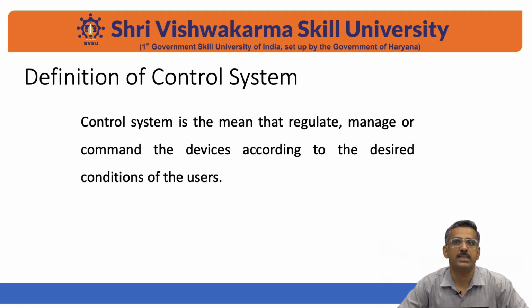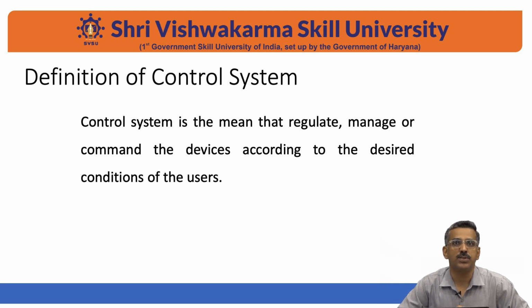Control system means to manage, regulate or command the devices or the system according to the control loop. In simple words, we can say the control system is the manipulation or the guidance of the system according to the desired condition of the users.